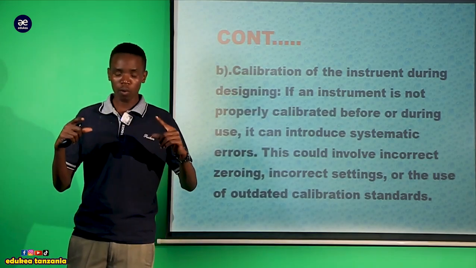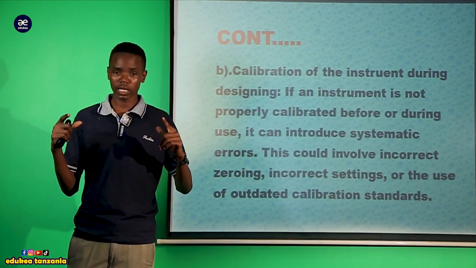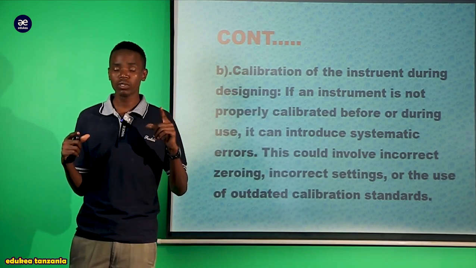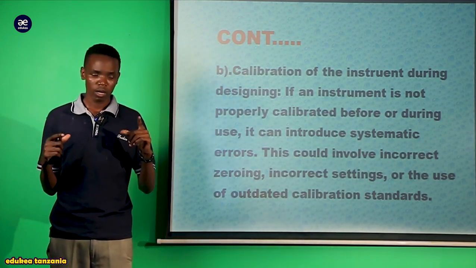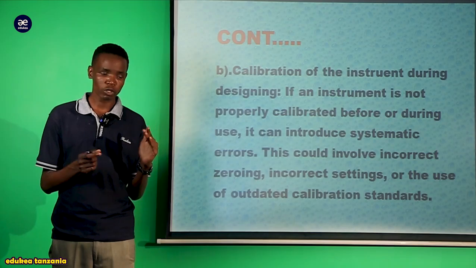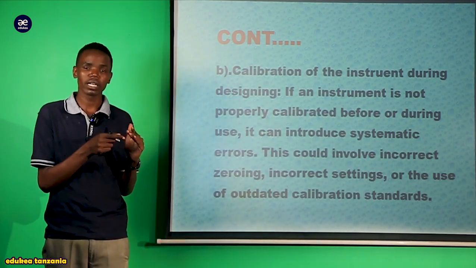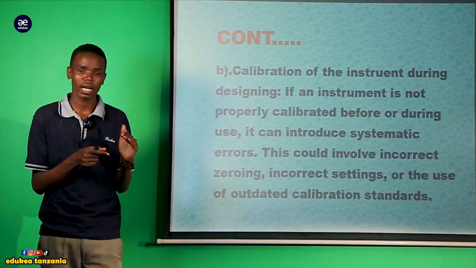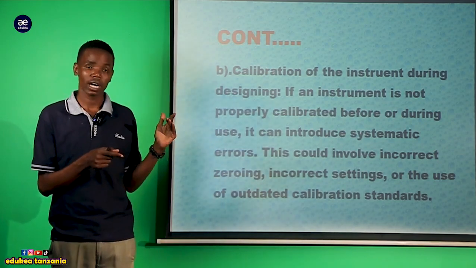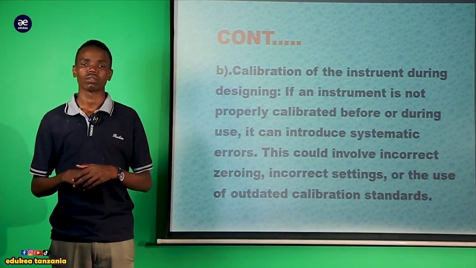Pale unapokuwa unapima scale, you take your data, my dear student, either by using the ruler. Kwamba ukianza kupima pale, usipo involve that zeros, itaweza kukusababisha uweze kupata errors, uweze kupata calibrations.